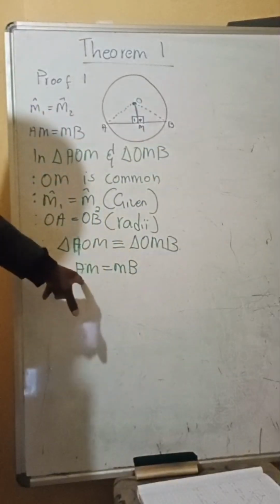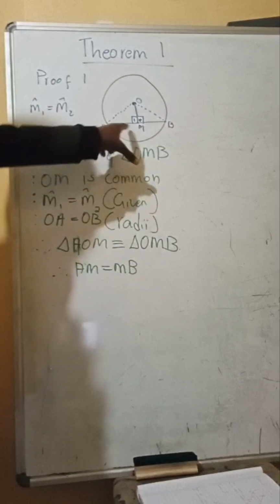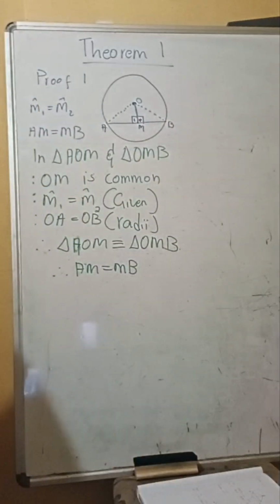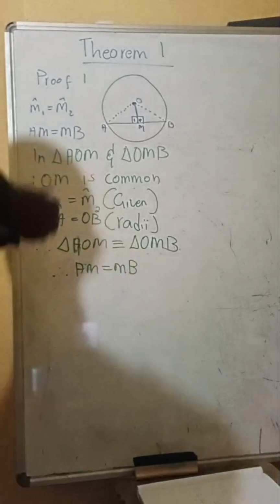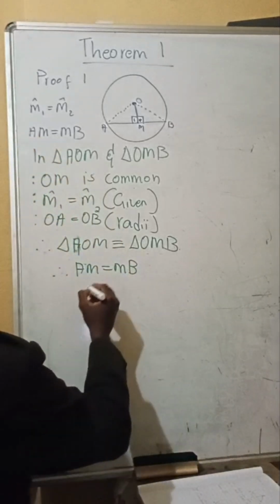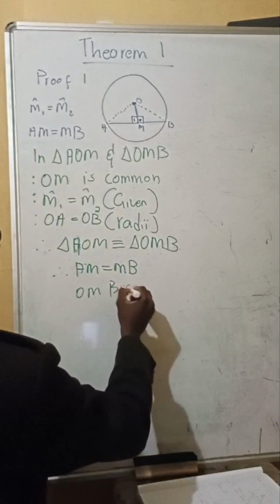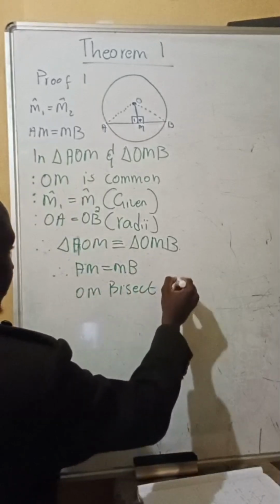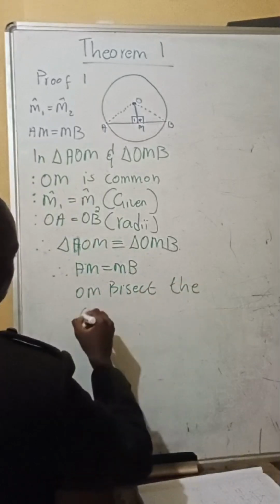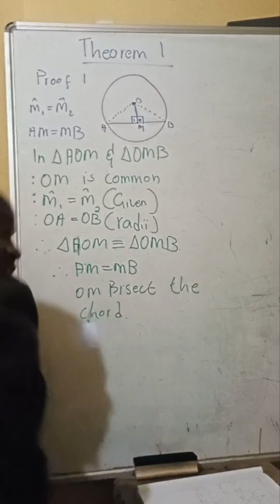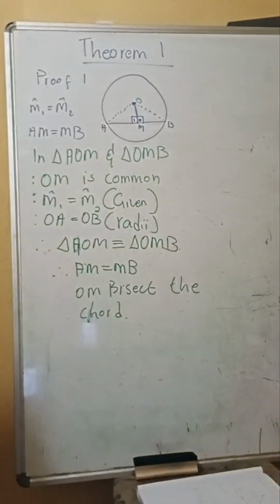So if they are alike, AM and MB are equal. Why am I saying that? Because line OM bisects the chord. Now I have proven that AM is equal to MB.